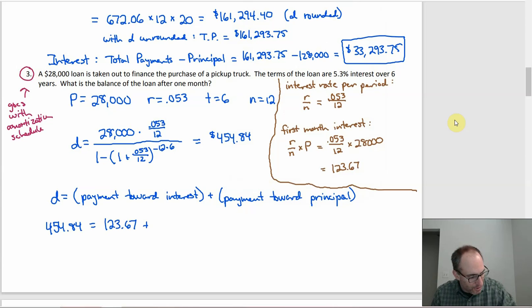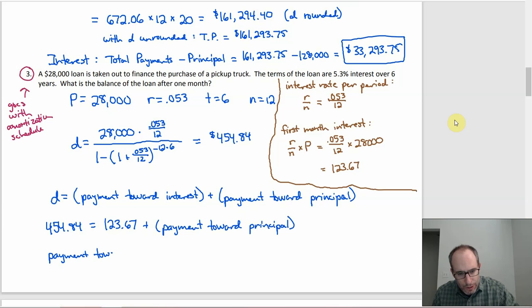So plus, and I guess this doesn't really have a symbol, so I'll just rewrite it as payment toward principal. And if I rewrite this a little bit, because the thing we're trying to get is the payment toward the principal, so let's say the payment toward the principal is going to be 454.84 minus 123.67, which is 331.17.